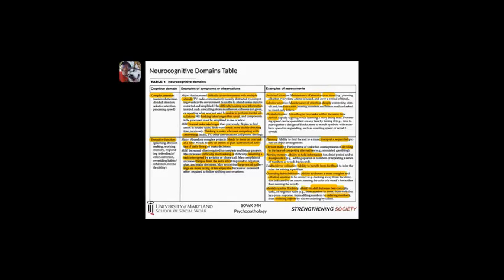So I tried to drill down and pull out the highlights. So, examples of mild decline in complex attention: normal tasks take longer, needs more double checking. The person is double checking themselves, not necessarily someone looking after them, but that can be part of it.